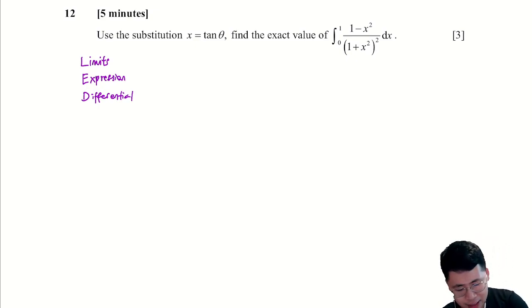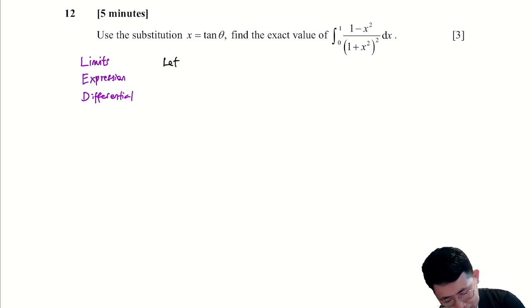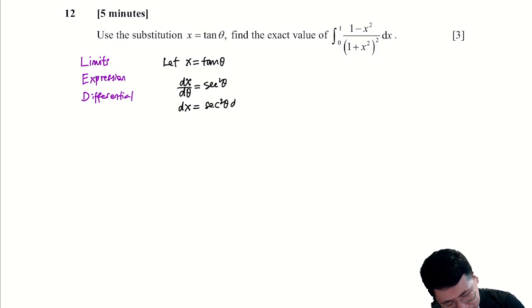Okay, so let's start with letting x be equal to tangent theta. Let us do some replacement. Let's differentiate. So dx d theta would be equal to secant square theta. So dx would be equal to secant square theta d theta.